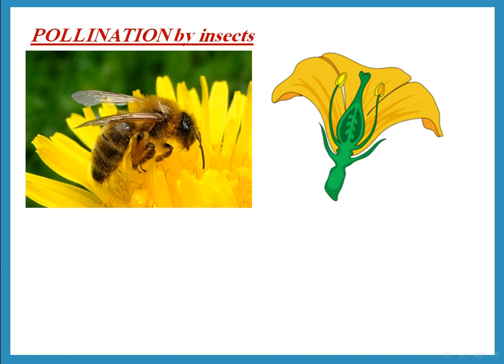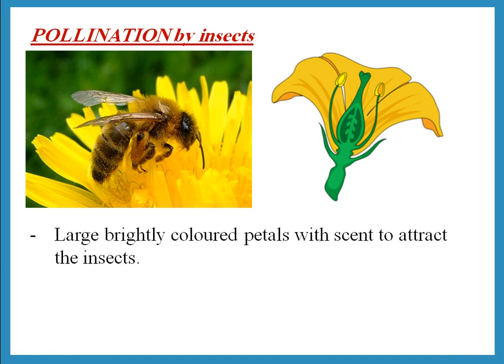So if we have a flower, it could be pollinated by insects. Now, what does it have to allow it to be pollinated by insects? Or how is this flower adapted to pollination by insects? You should realize that if a flower is going to be pollinated by insects, then it has large, brightly colored petals with scent to attract the insects.